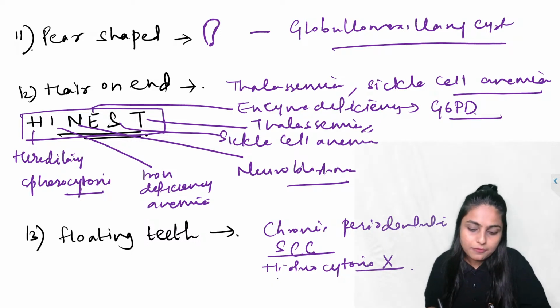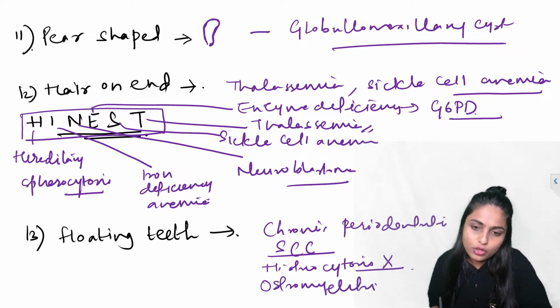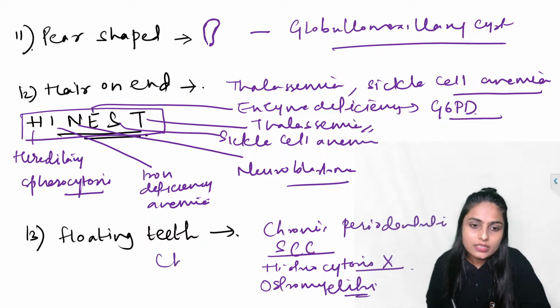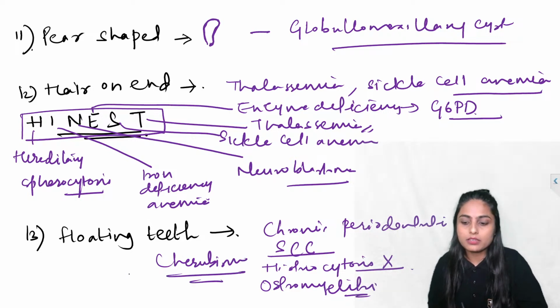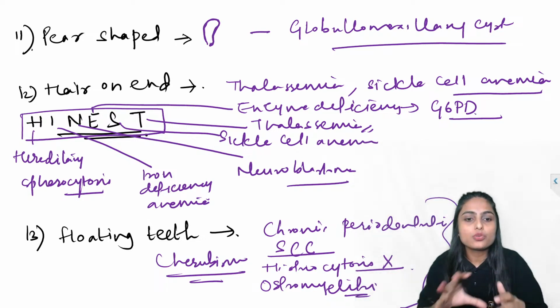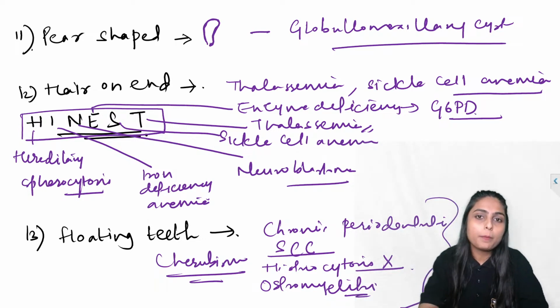Then we have osteomyelitis. Next is cherubism. So please note down these conditions in which you see floating teeth appearance.